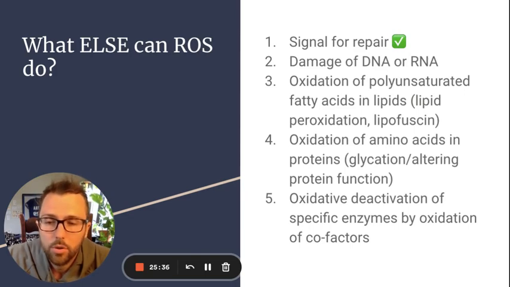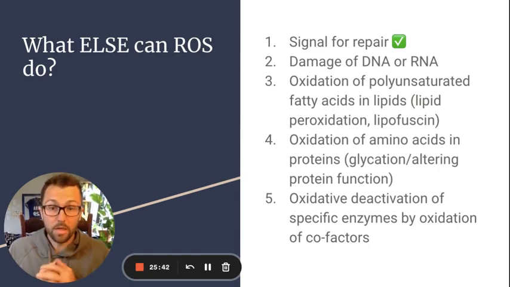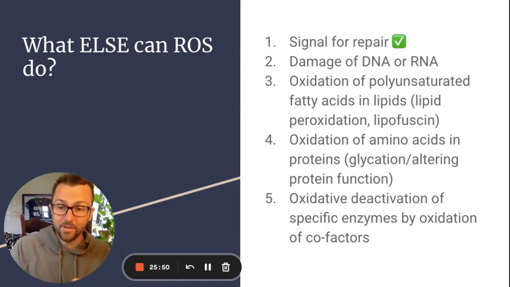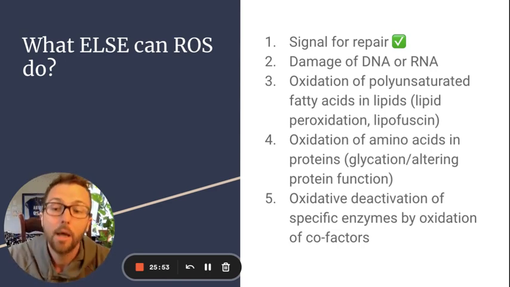Okay, we've gotten into why ROS are important, right? They are important because they signal for repair. If we did not have ROS in our bodies, we would all be dead, right? Because our immune system wouldn't know what needs to be cleaned up and repaired.